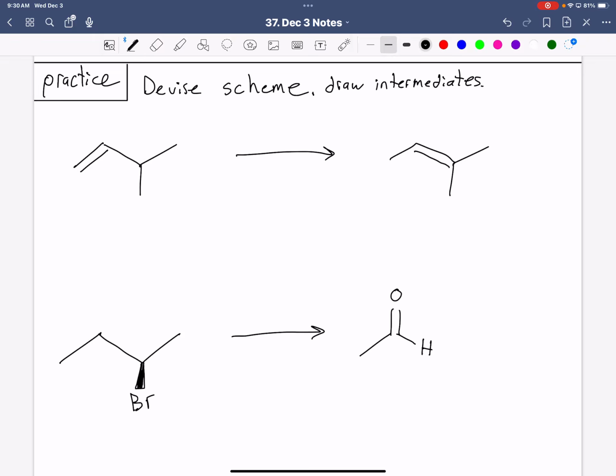So I'm thinking we could H2, Pd/C this and get rid of the double bond. And then do we know a reaction to just add a bromine? Oh wait, no, should we add a bromine? Add H2. Yeah. Oh, yeah.